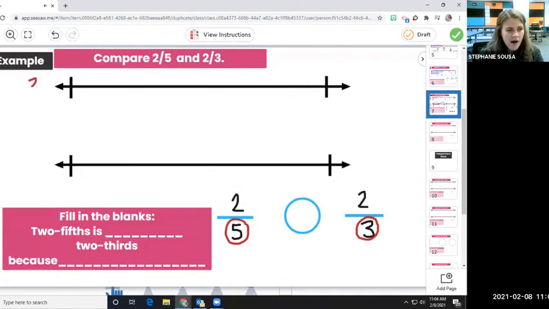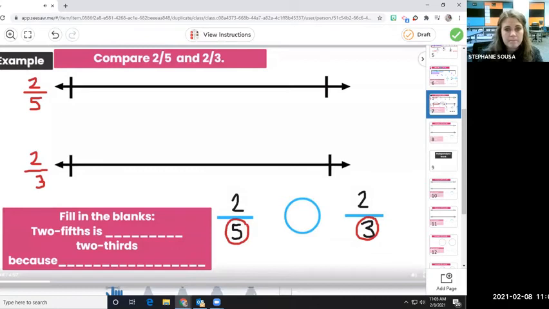On the top model, I'm going to represent 2/5. On the bottom, I'm going to represent 2/3.